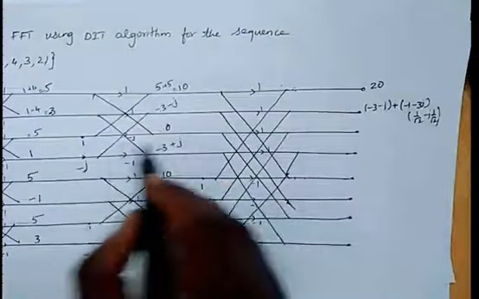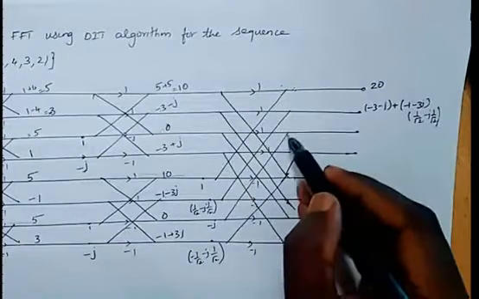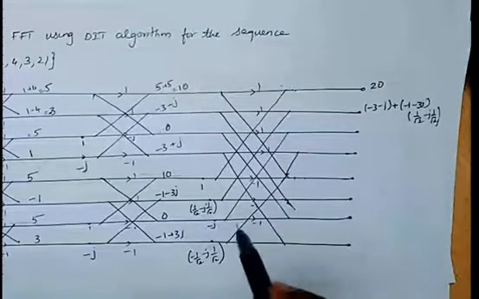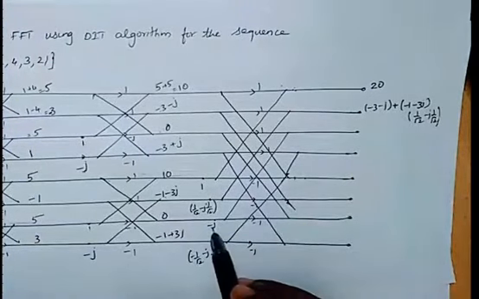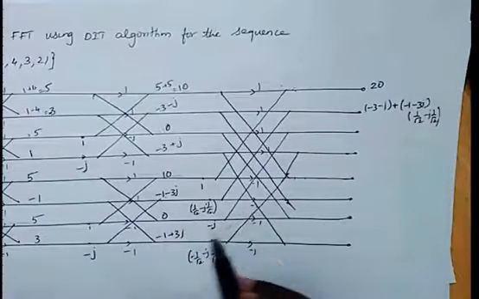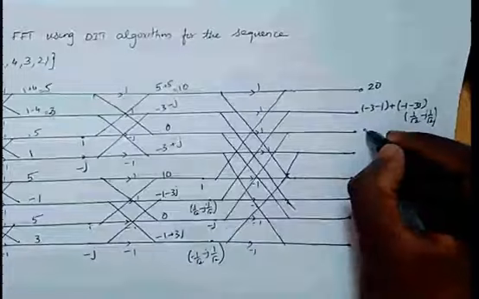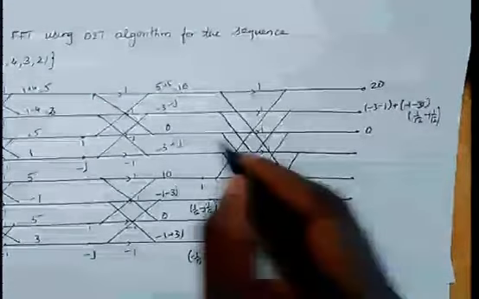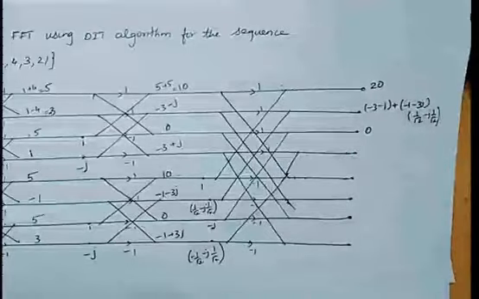What about this term? We're going to have 0. It is 0 into minus j, which is 0, so this term is also going to be 0. It is 0 plus 0, so here it is going to have an output of 0, because 0 into minus j is 0.